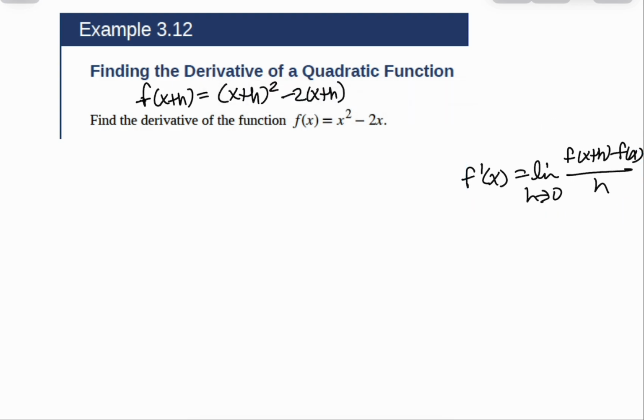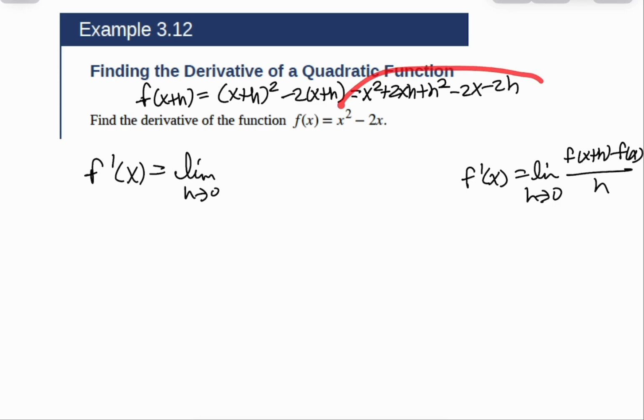So if we do x plus h squared, we get x squared plus 2xh plus h squared. I'm going to distribute the negative 2, and there's no like terms, so that's just f of x plus h. So the derivative, which will give us the slope of our tangent lines, is going to be the limit as h approaches 0 of f of x plus h, which is that whole thing.